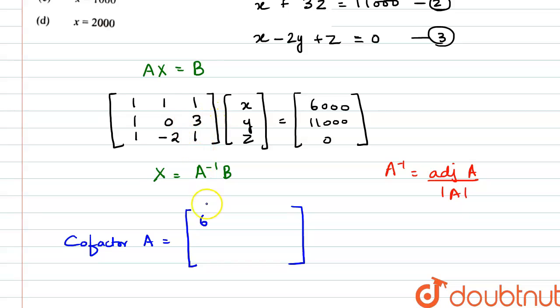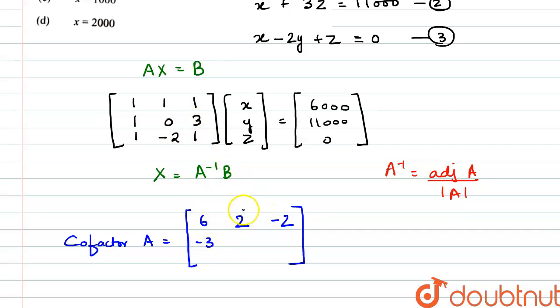So 1 minus 3 is minus 2, and because of the minus sign, it will be plus 2. Now for A13, we have 1 into minus 2 is minus 2, minus 0. So we have minus 2 here. Now for A21, at the end we have to multiply it with minus 1. So we have 1 into 1 is 1, minus 1 into minus 2, that is 1 plus 2 is 3. So this will be minus 3.